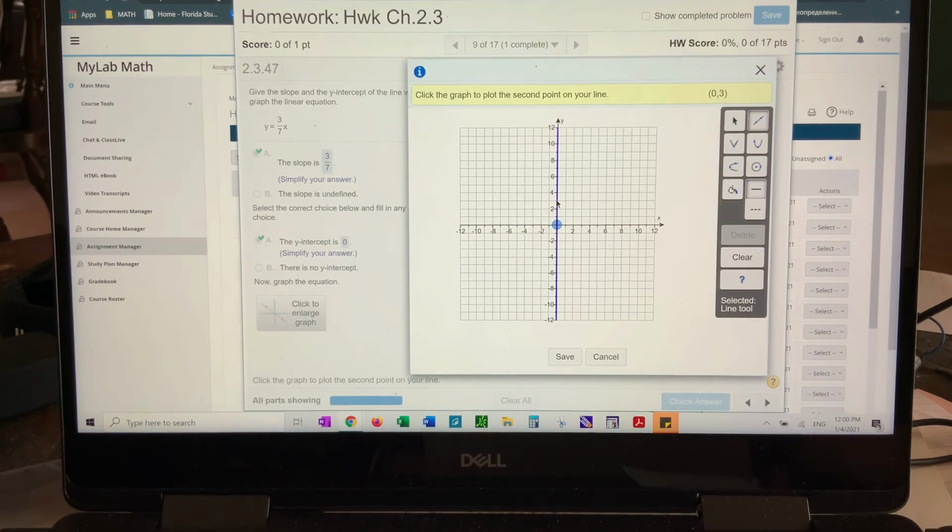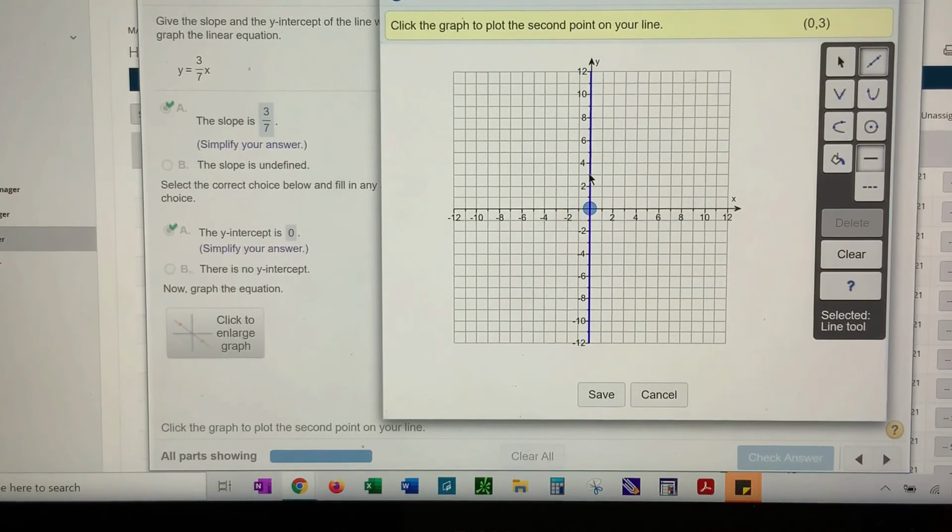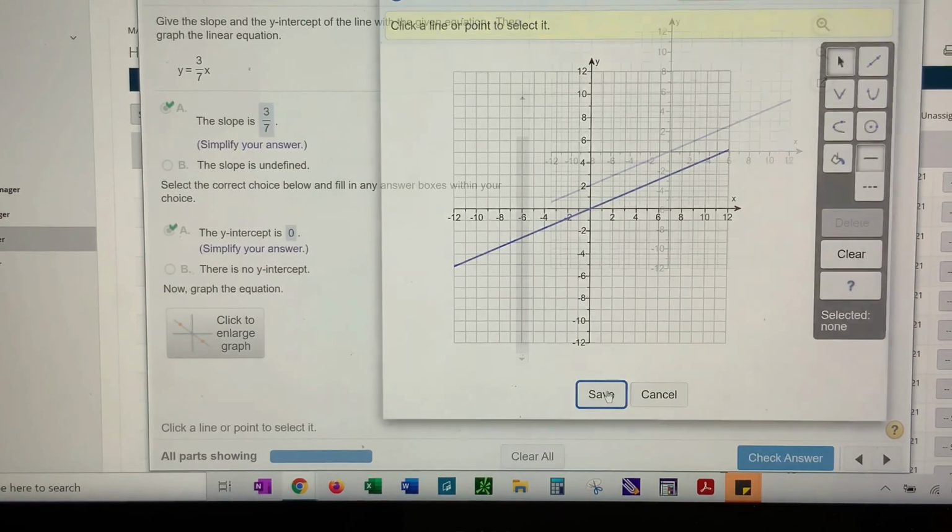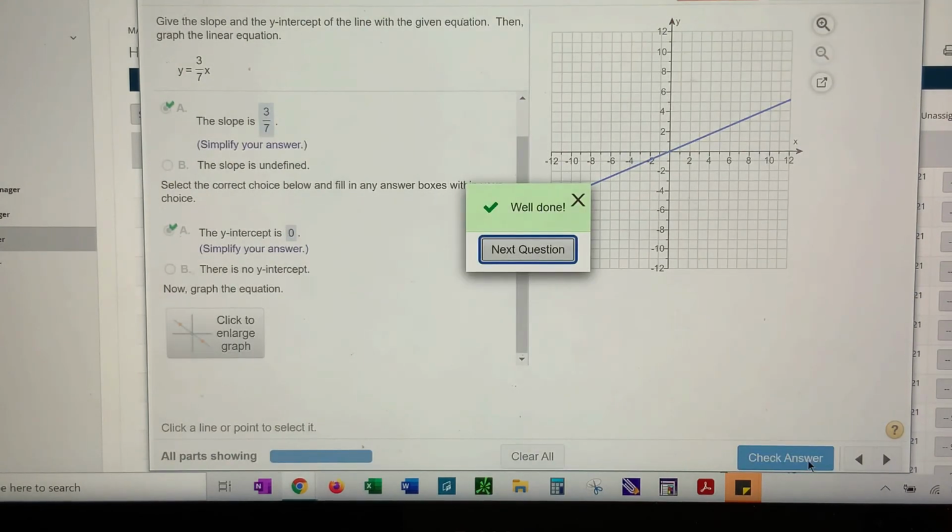This is 3. And then based on 3, I'm going all the way to 7. Here we got 7. Click on it. I can click anywhere here to fix the graph. Save it. And well done.